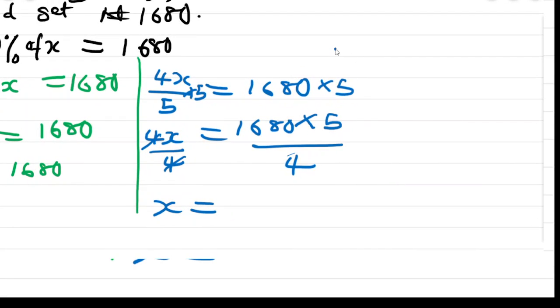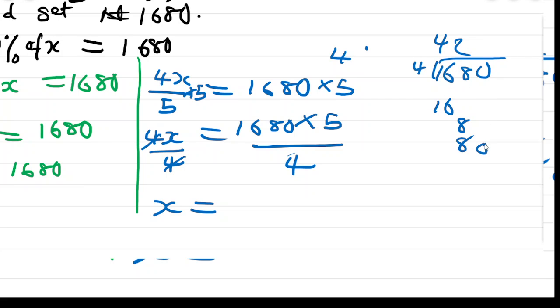So let's see, we put 4 here, and then we'll put 1680. So that is 4 times 4, that is 16. Bring down 8, 0, that is 420. So this is 420 times 5, that is the x.